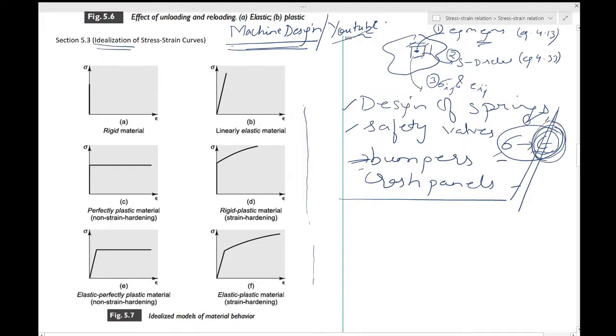Think of some other manufacturing processes like metal forming, or cutting. Some of these experiments you may have done in your workshop practice course. The strains are usually small compared to one, and then there is a spring back effect.